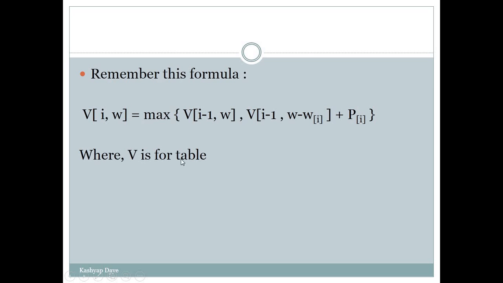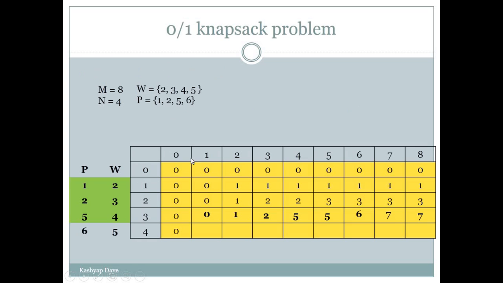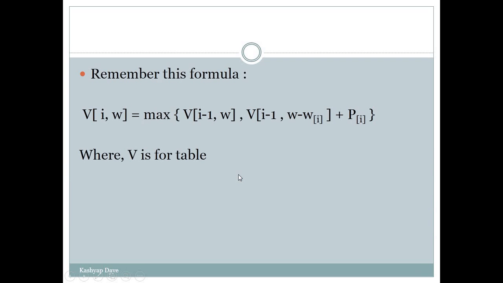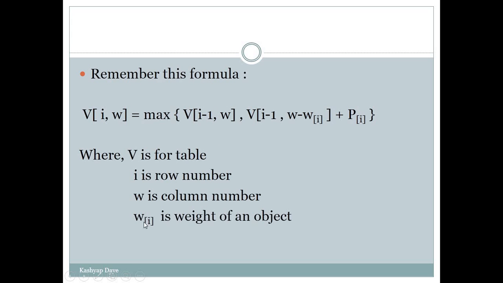In it, V is our table. I will be the row number, W will be the column number, wi will be the weight of an object, and P[i] will be the profit of an object. So you will have to remember this formula. By this formula we will calculate our last row.